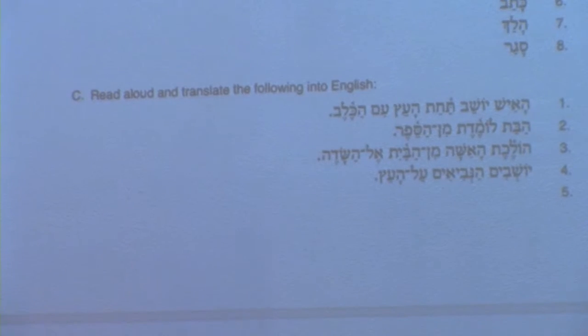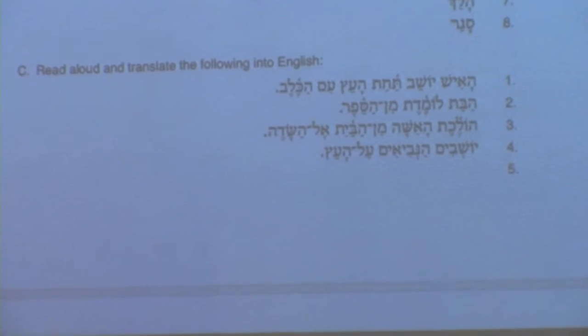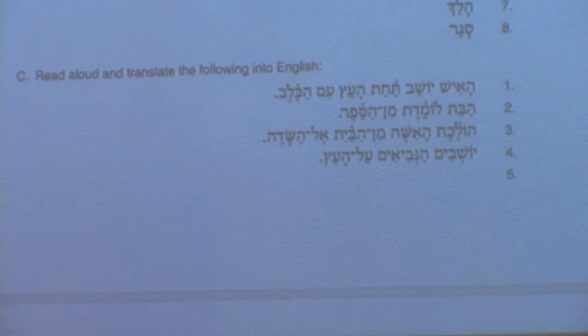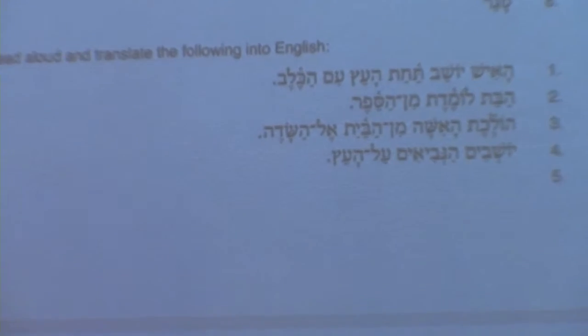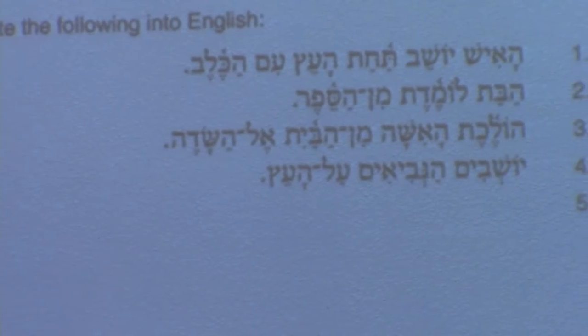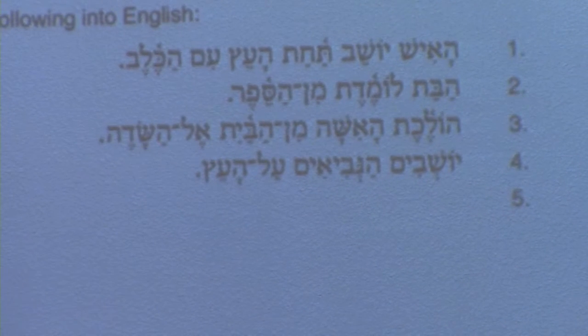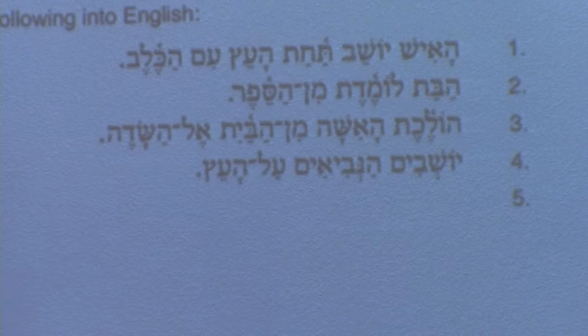So all of our vocabulary words ought to be here. We should have this pretty simple. Okay, let's do it together in terms of pronunciation. Ha'ish, I'm going to try to go slow. Ha'ish yoshev, our words that we've just learned. Tachat, a word that we already know.